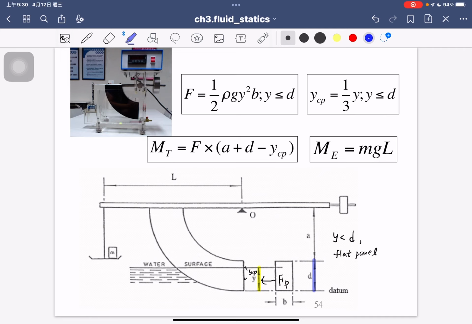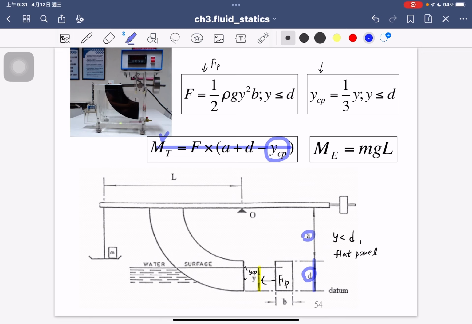So in our laboratory experiment class, I will provide two equations for you. You just follow the two equations shown here. You know how large the FP is, right? And there is the YCP equation. So you can compute the theoretical moment based on these equations. Okay, you have the F, you have the A, you have the D here, and you know how large the YCP is. So following this equation, you can compute the theoretical moment.